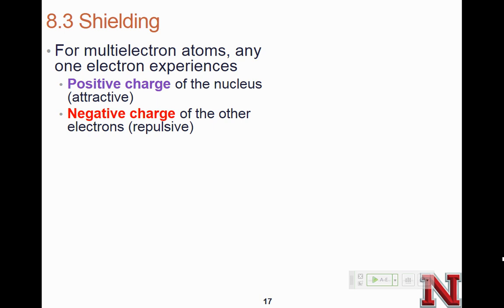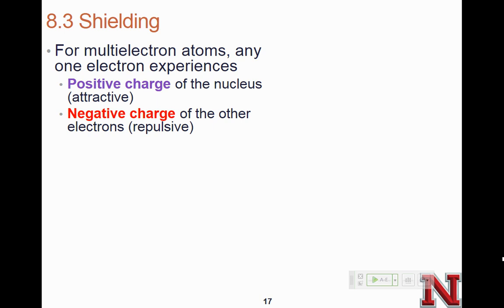If we're just talking about hydrogen, we only have 1 electron, we only have 1 proton, it's great. It's a really simple system. The system gets a lot more complicated once we have multiple electrons. So for a multi-electron atom, any one electron experiences a positive charge from the nucleus.